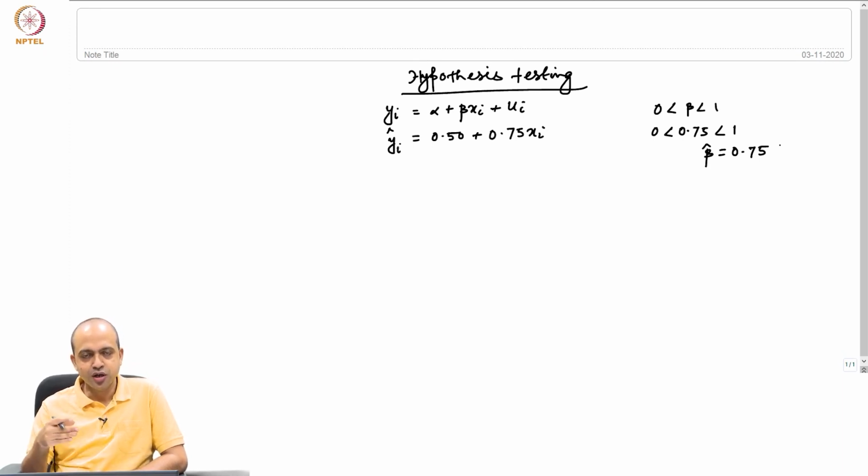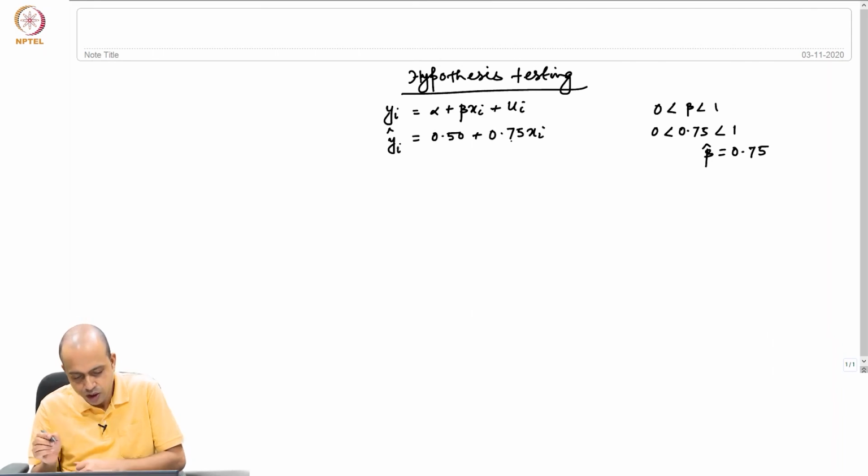So, that means it is not by a chance factor. In that context, how will you ensure the statistical significance? So far, this 0.75 is only mathematical significance. Mathematically, this 0.75 is obviously different from 0, but how to check the statistical significance is the context where hypothesis testing is actually required.